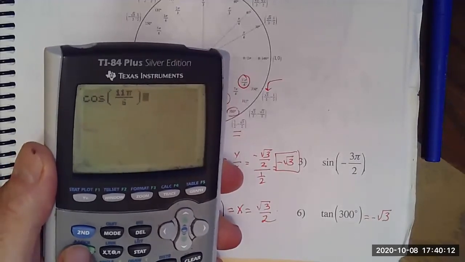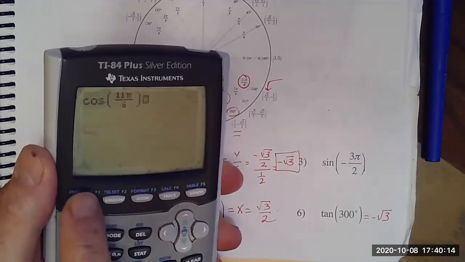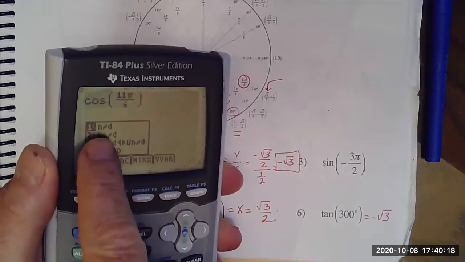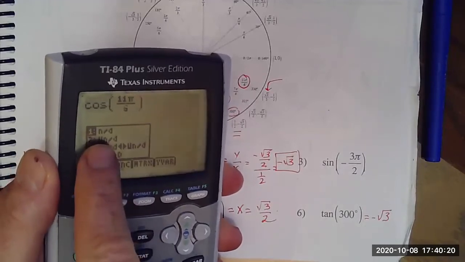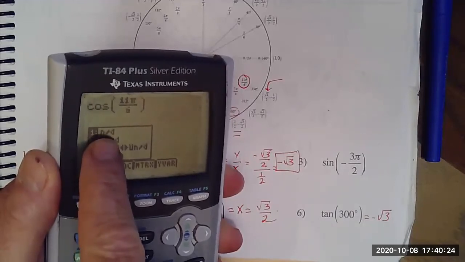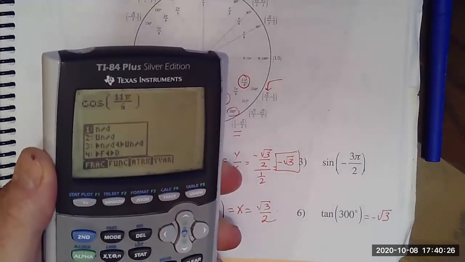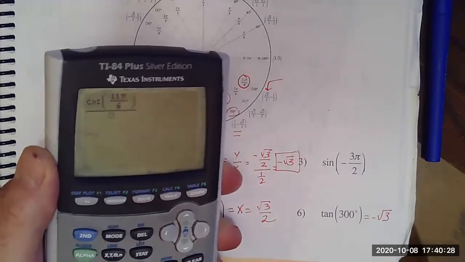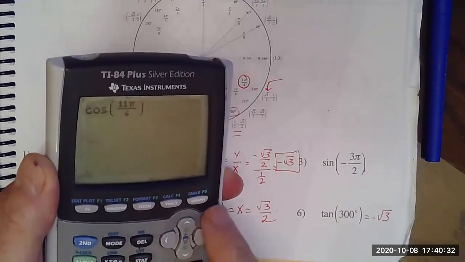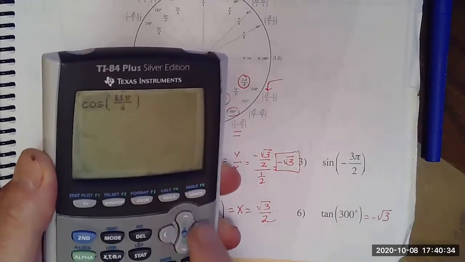I did alpha, y equals, and it gives me this dialog box. If you don't have the dialog box, you don't have what I just did. N over D, numerator over denominator. If you press 1 or enter, you'll get a fraction. I don't want that, so I'm going to have to delete that. Okay, so I put that in.